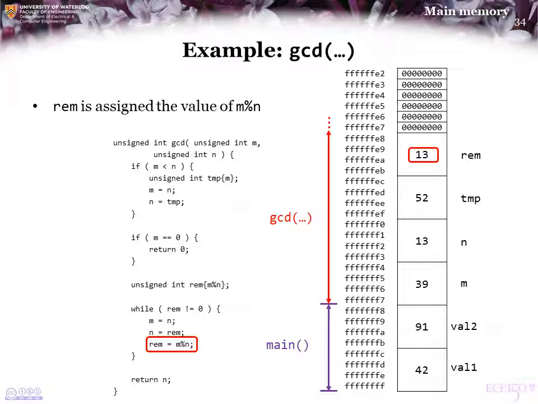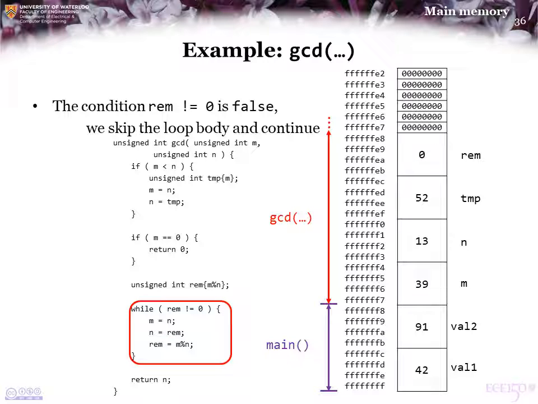Well, 39 is 3 times 13, and so therefore the remainder is 0. So now rem has the value 0. Now the condition is false, as rem is equal to 0. So we skip the loop body and continue executing.